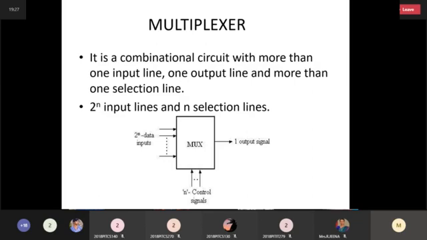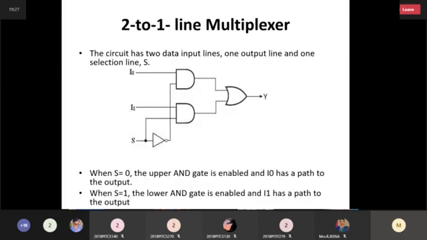So for 2 power n inputs, the power n will be the number of selection lines. If you are giving 2 power 3 inputs, there will be 3 selection lines. 2 power 2 inputs means 2 selection lines. Next, the 2 to 1 line multiplexer.